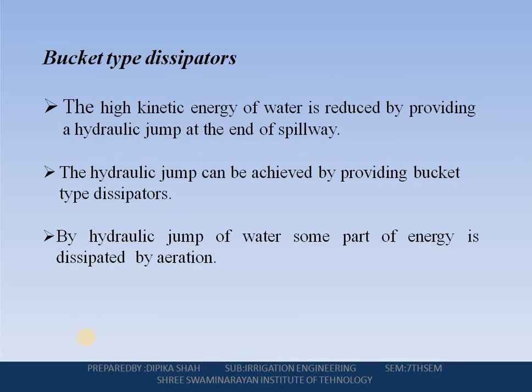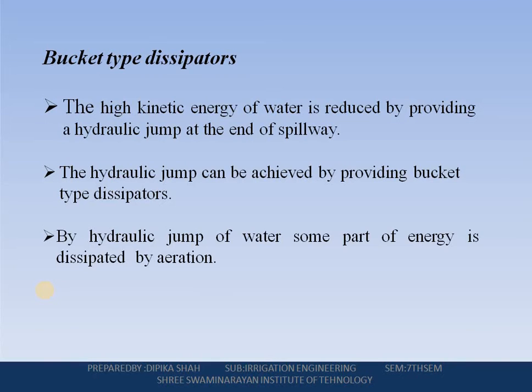So what is a bucket type energy dissipator? The high kinetic energy of the water is reduced by providing a hydraulic jump at the end of the spillway, right? So a hydraulic jump can be achieved by providing a bucket type dissipator. So what is a hydraulic jump?